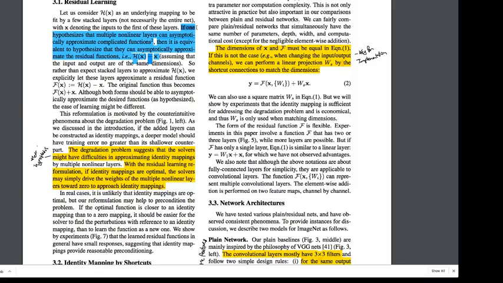And so it's going to be residual because h of x is going to be equal to f of x plus x. So f of x, being what the neural network is actually learning, is going to learn the difference between this optimal desired mapping and just x. So it's just going to be able to add x now.